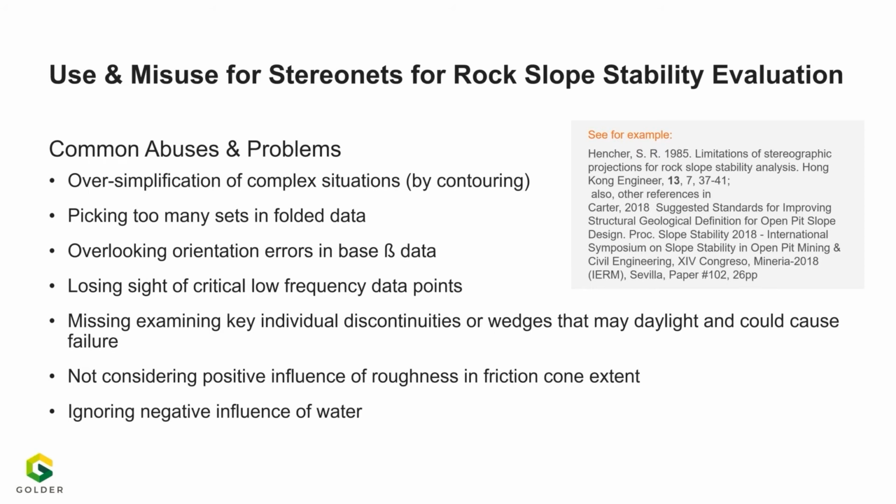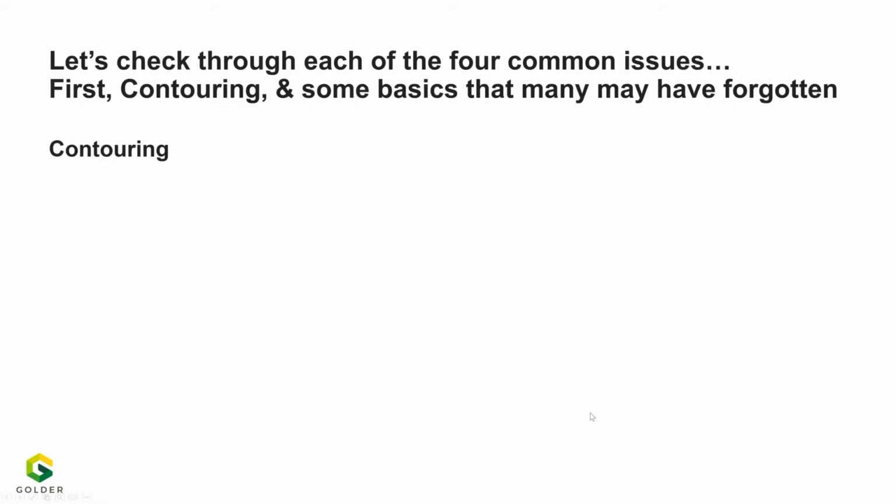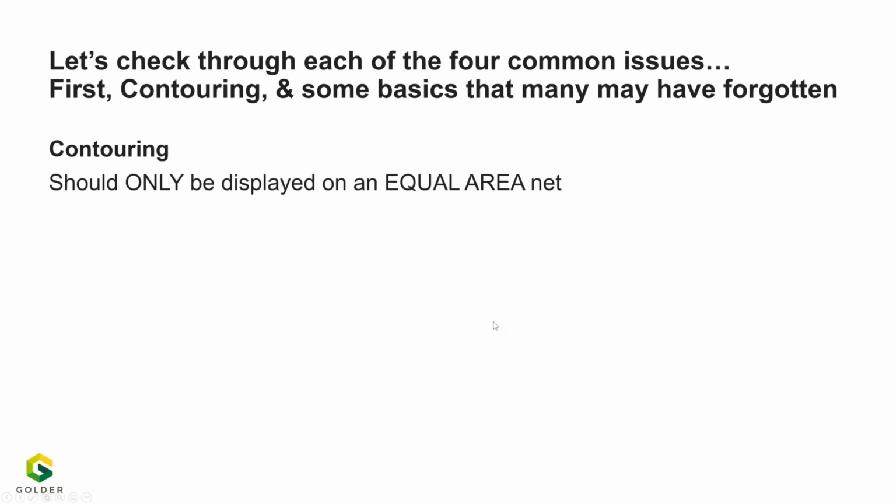And last but not least, the negative influence of water is a major player in slope stability. It can be analyzed on the StereoNet, and people have done it, but it's much easier to do it in limit equilibrium or other codes. So let's look at these 4 issues.